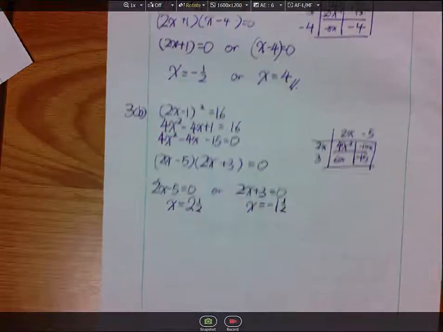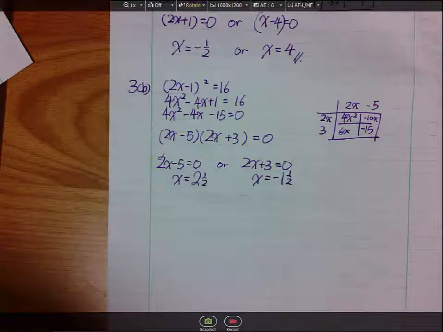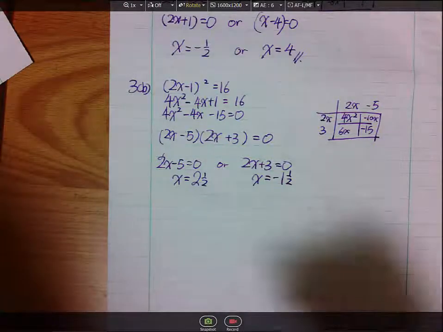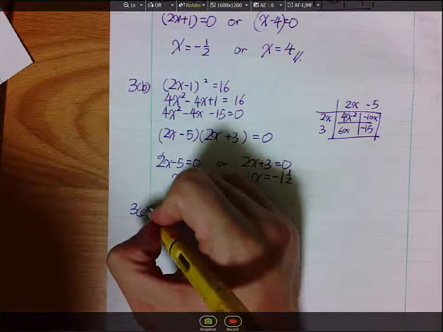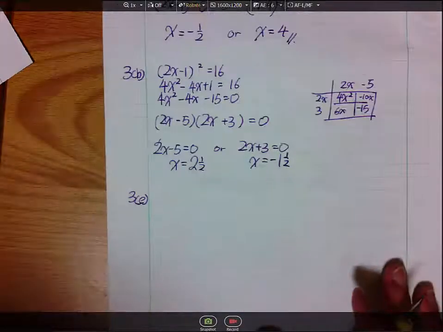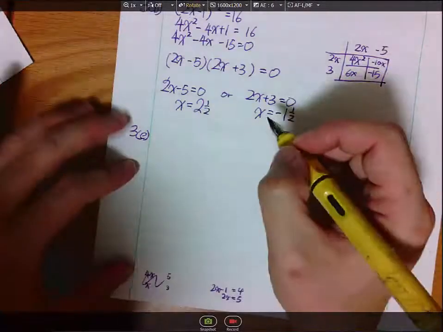Notice that my answers are given in mixed numbers whenever possible. Okay, I'll give you one final example for this subtopic. I will do question 3E. And question 3E works something like this.